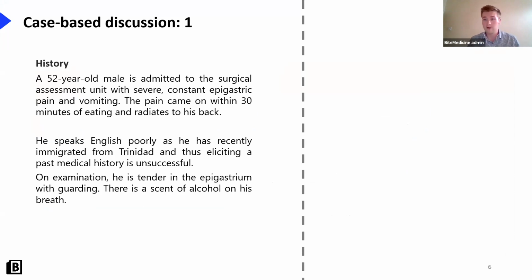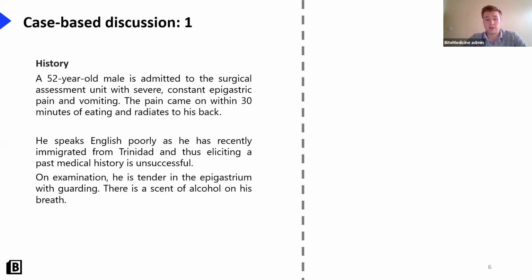So we only have one case today, but it's going to be a bit detailed. A 52-year-old male is admitted to the surgical assessment unit with severe constant epigastric pain and vomiting. The pain came on within 30 minutes of eating and radiates to his back. He speaks English poorly as he has recently immigrated from Trinidad, and thus eliciting a past medical history is unsuccessful.